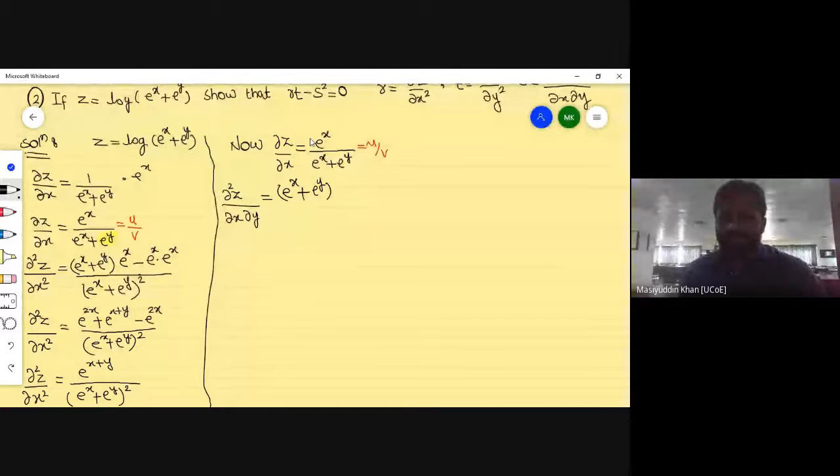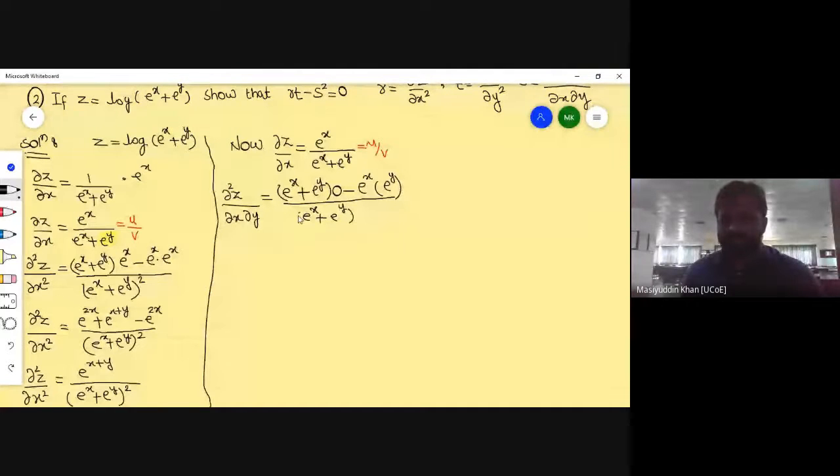So with respect to y, this becomes 0 minus u as it is, e raised to x, and the derivative of this part with respect to y: e raised to x becomes 0, and here you will get e raised to y divided by v square, so it becomes (e raised to x plus e raised to y) raised to power 2.